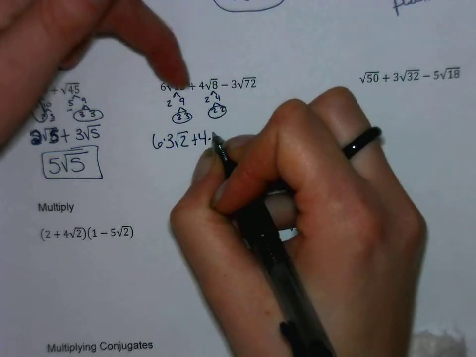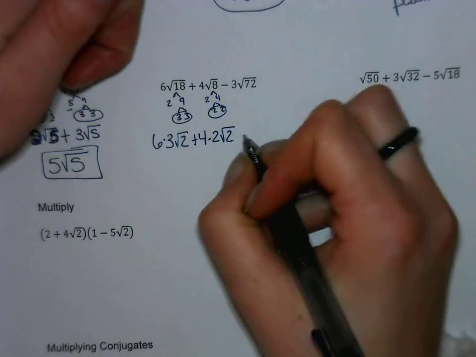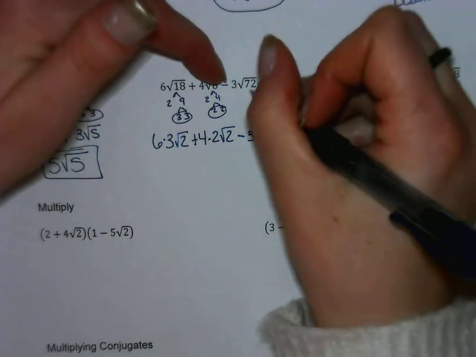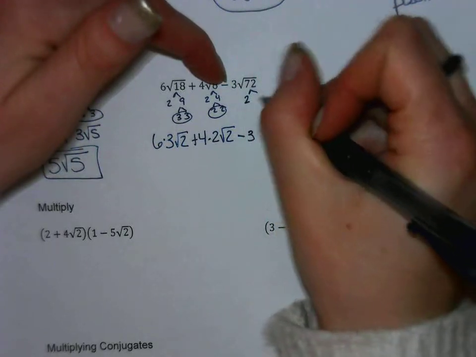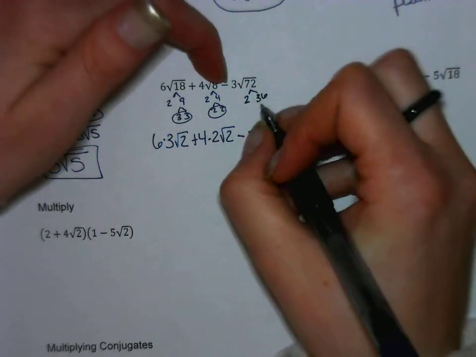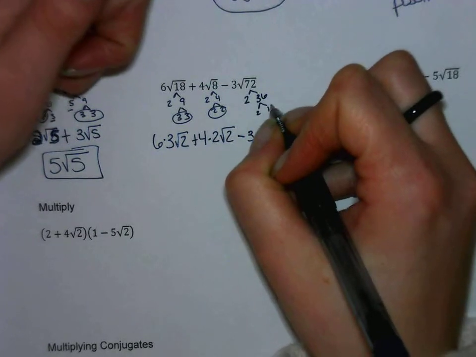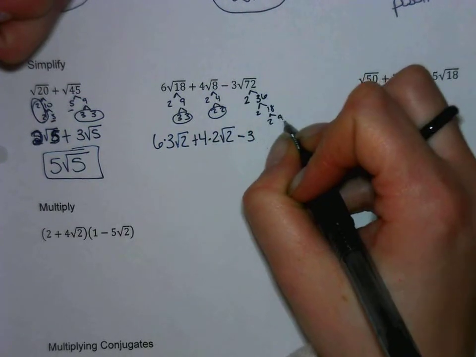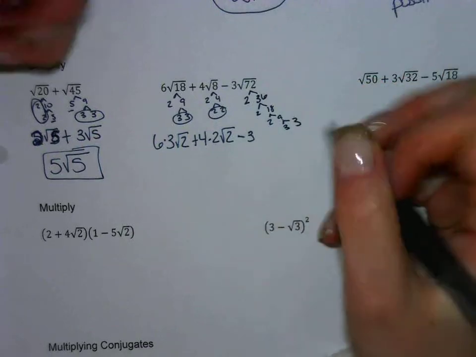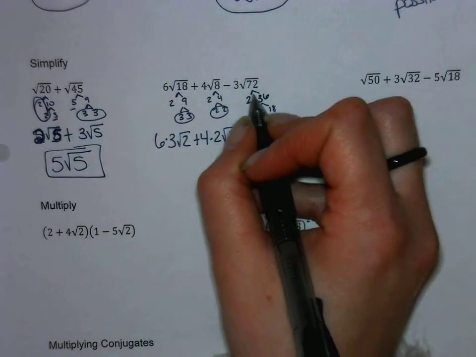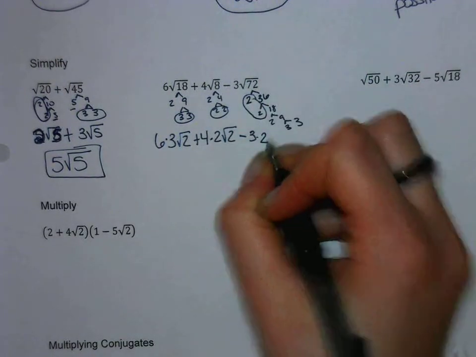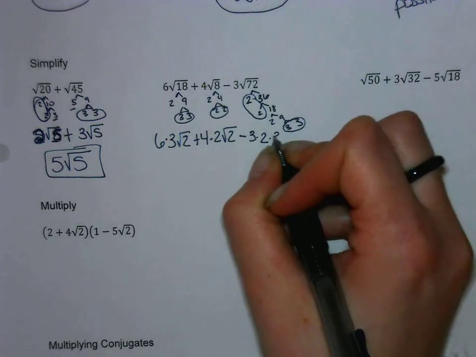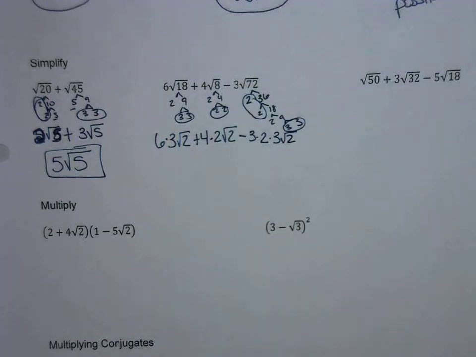So we have times 2 square roots of 2, minus 3. 72 is 2 and 36. 36 is 2 and 18, 2 and 9, 3 and 3. So we have a group of 2s, a group of 3s, and we have a square root of 2 left over. So we simplify this.